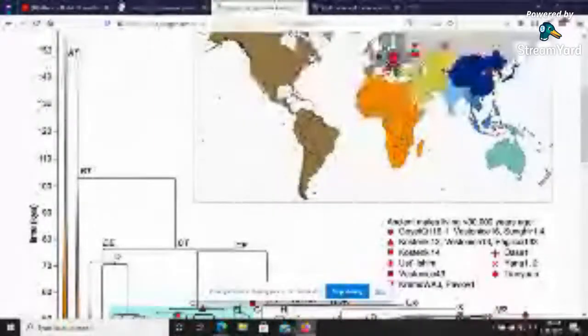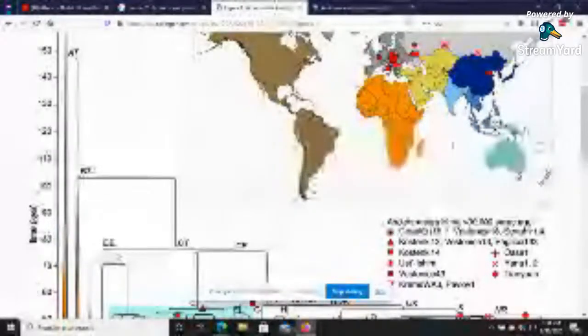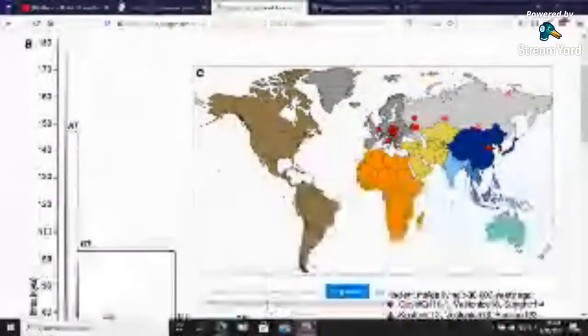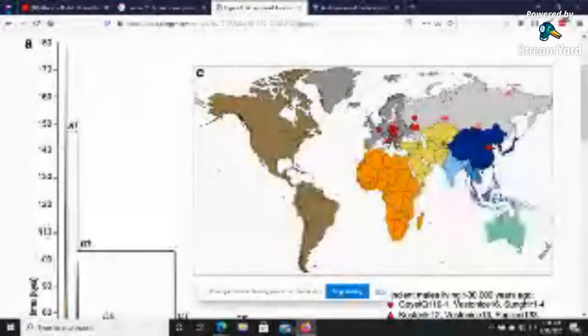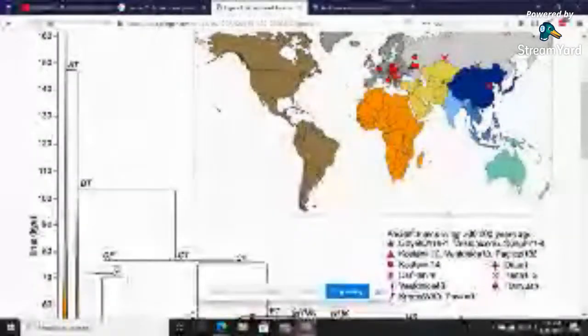Asia or China is the dark blue, and the other parts are the other shades of blue. And we have the grays of Europe and Northern Asia.